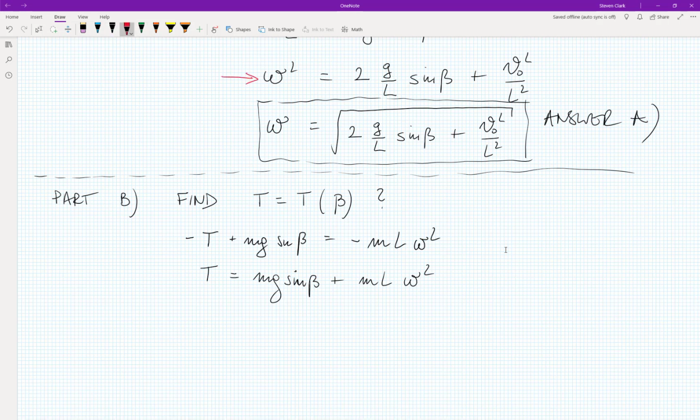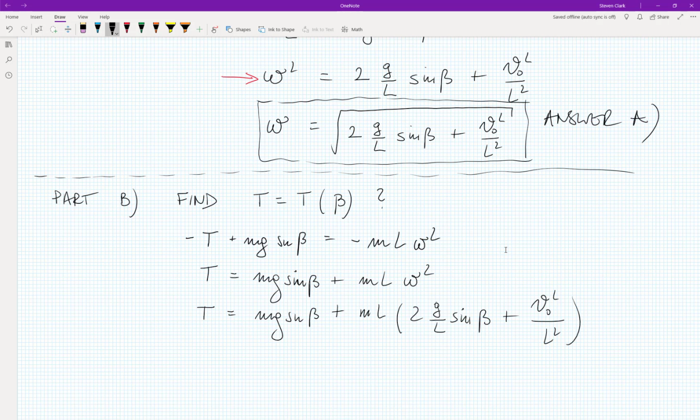So let me just plug that value in here. We will have T is equal to mg sine beta plus mL times 2g over L sine beta plus v0 squared over L squared.